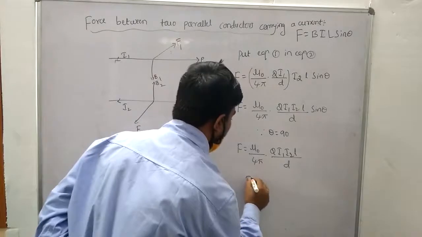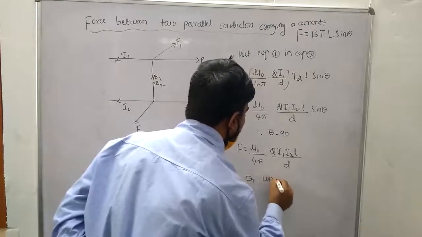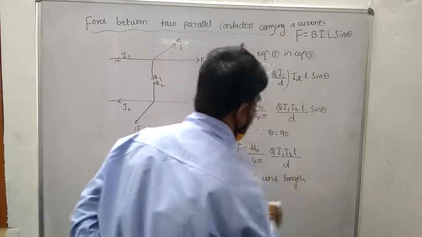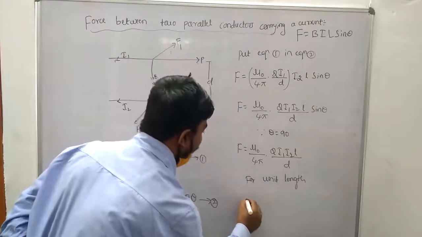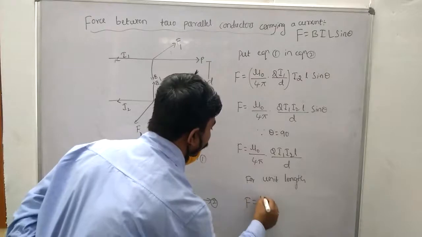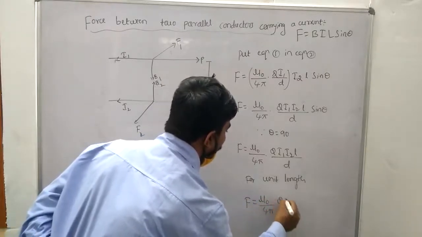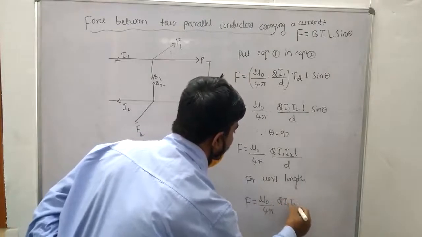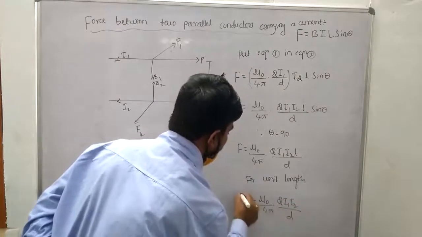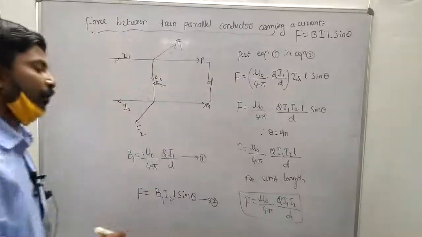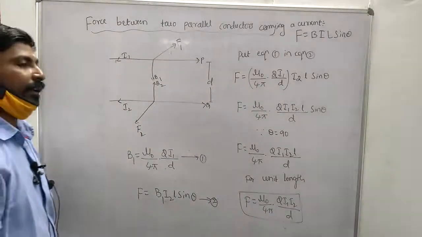So for unit length, L is equal to 1. Then finally F is equal to μ0 divided by 4π into 2I1 I2 divided by d. So this is the derivation of an expression for force between two parallel conductors carrying a current.